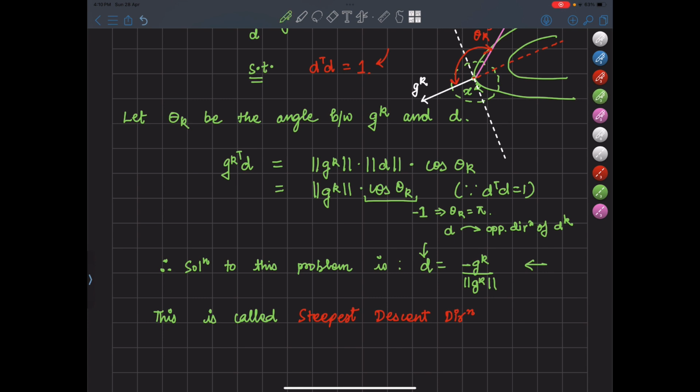Steepest descent direction, and in this direction, what will be Ak? Ak will be identity. Okay, so this is one of the algorithms called the steepest descent algorithm, which we'll discuss next.